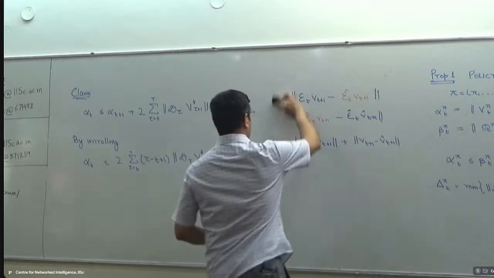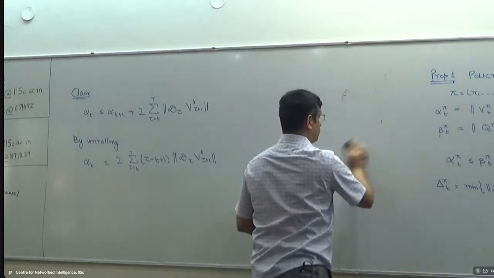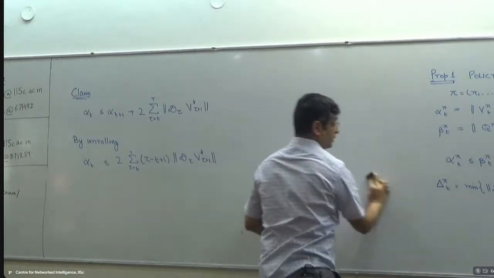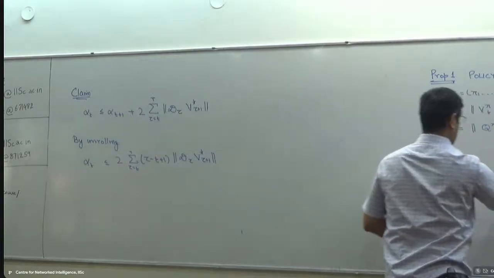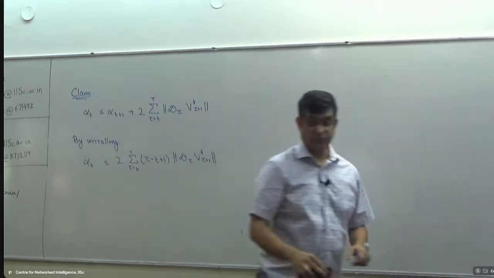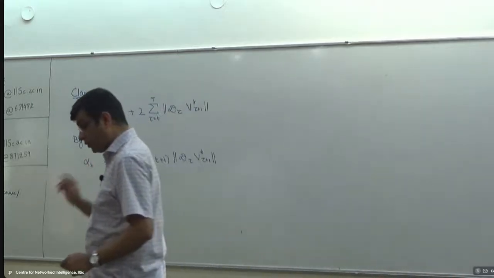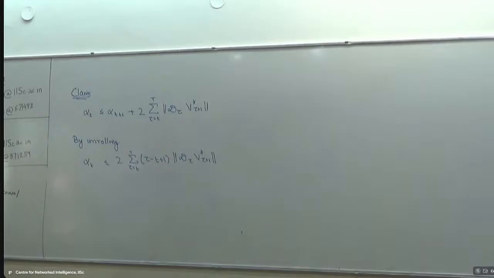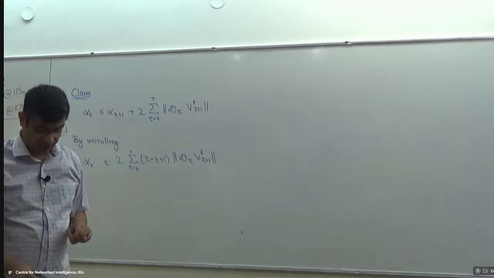So let's see how we will prove this result. And I must admit, the result is simple. It's just using the triangle inequality. I have no intuition on whoever first came up with this triangle inequality, and you'll see why I am saying that.